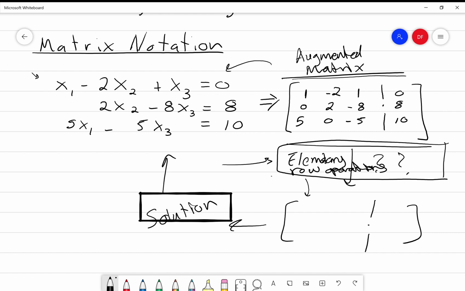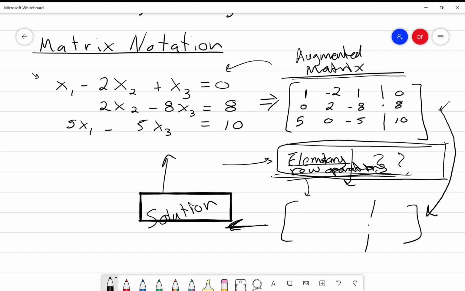Let me show you what elementary row operations are, and then we will use them to solve this system of linear equations. Okay? We will use elementary row operations to change this augmented matrix into a different augmented matrix, which will give us the solution.